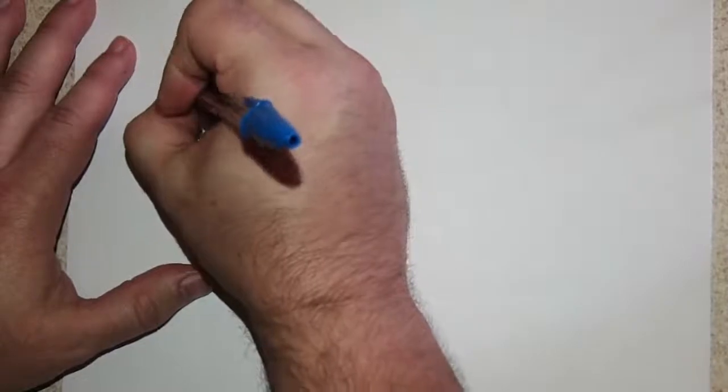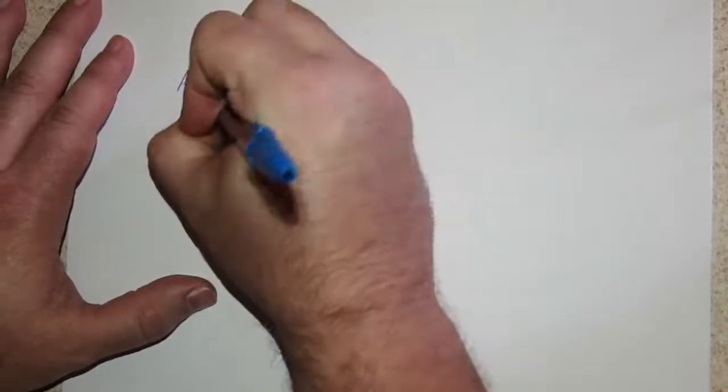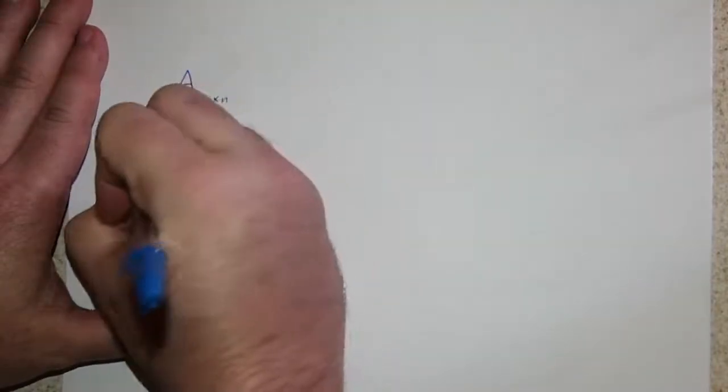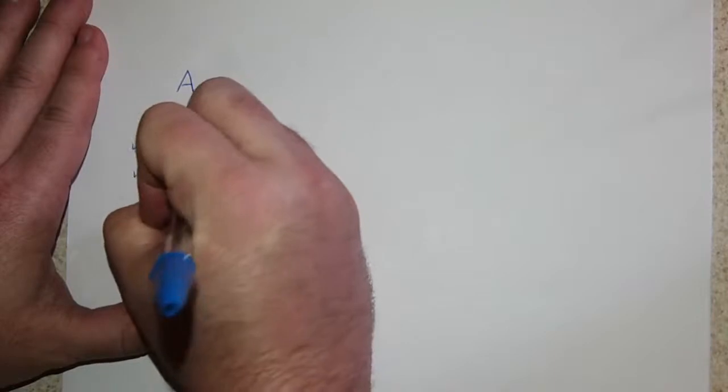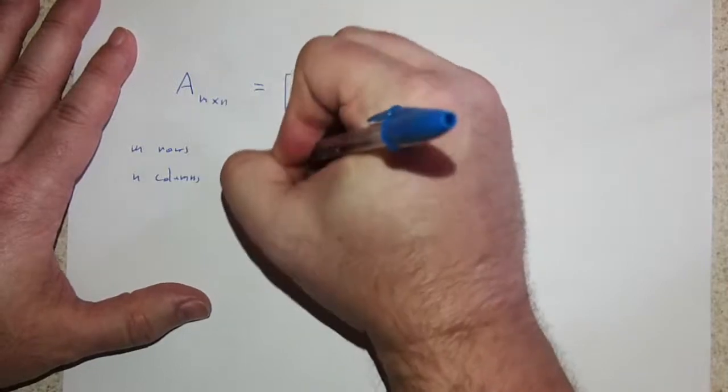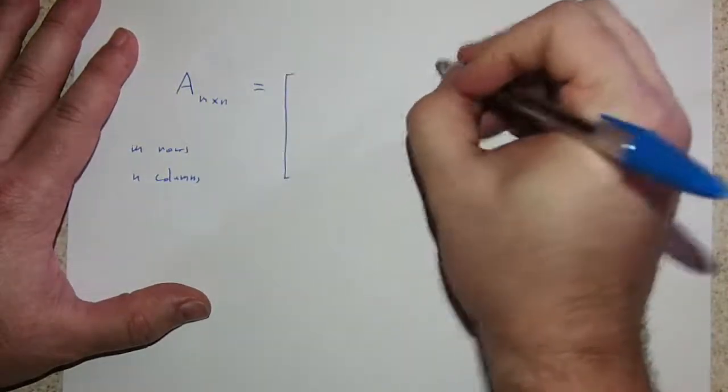typically the way that a matrix is going to be written is the following. So a matrix A is an m by n matrix, right? This is m rows and n columns. And the notation we typically use for a matrix like this is the following. So the entries are written like this.